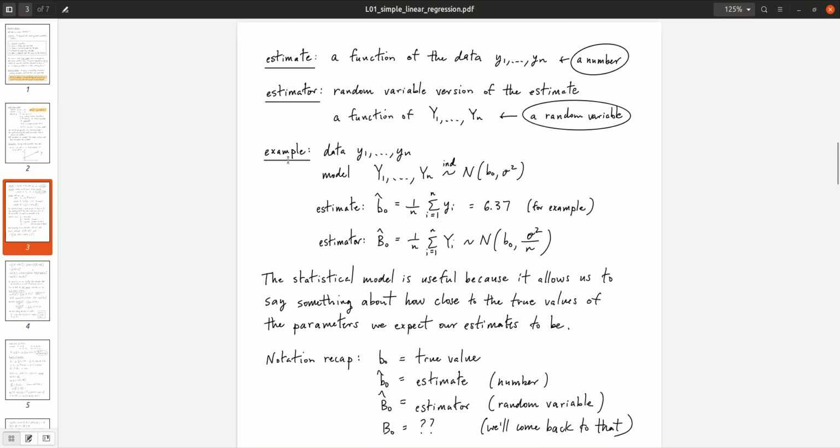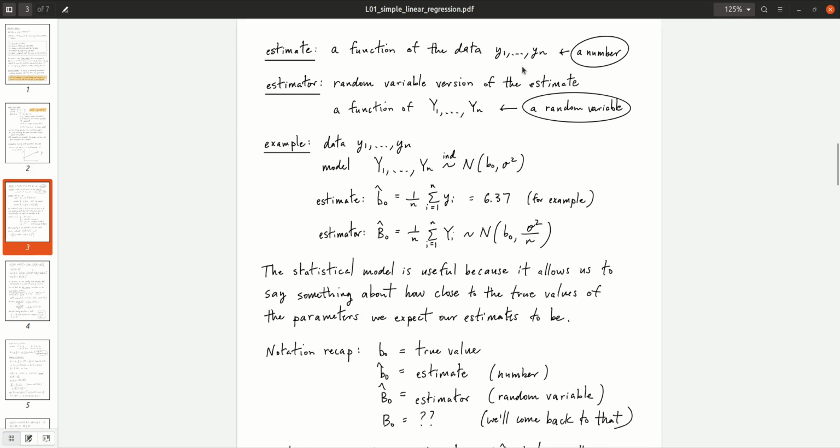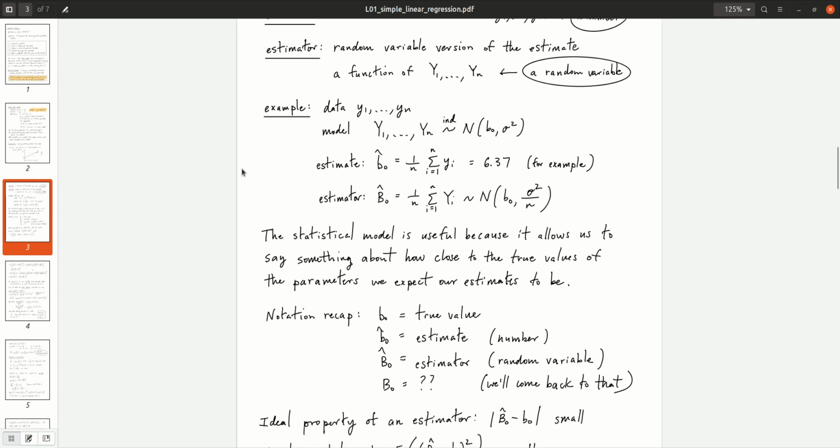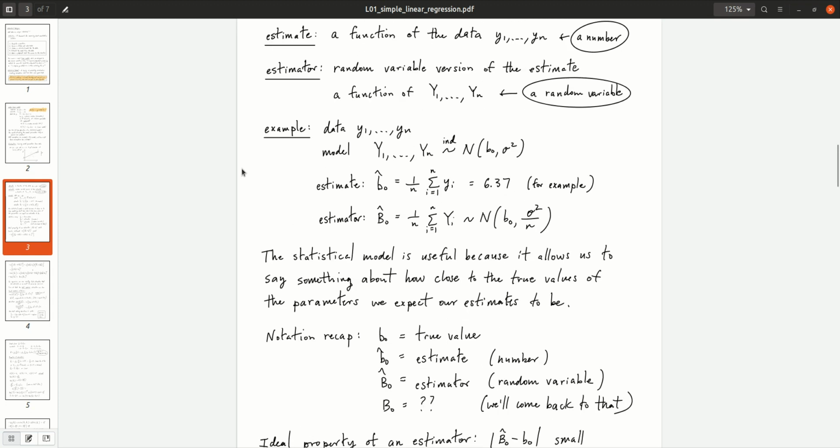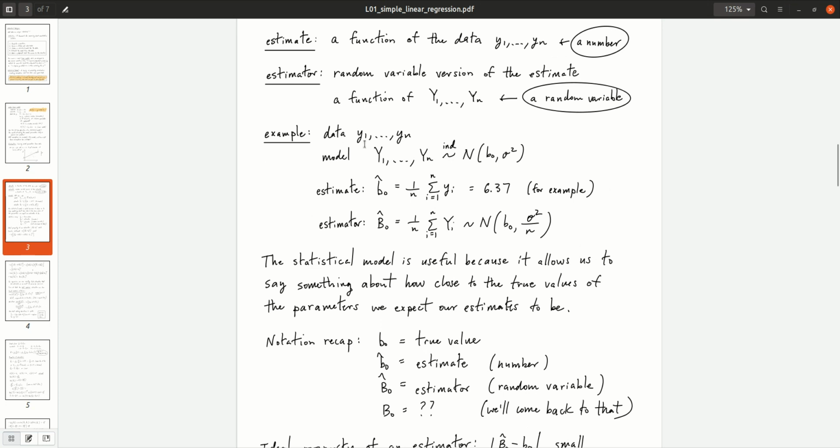So the estimate is a function of the data, and then the corresponding estimator is you take whatever formula you used to create the estimate in terms of the little y's, and you plug in the big Y's. So let's look at an example of this. In this example, we have data, little y1 up to little yn.